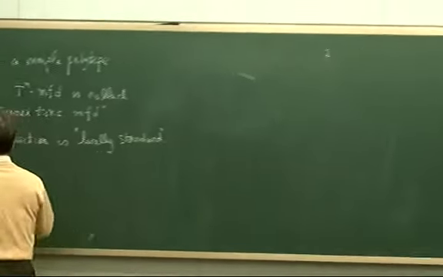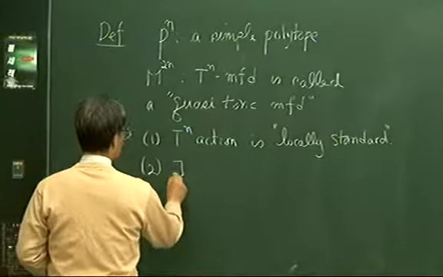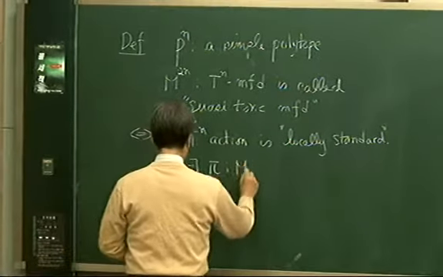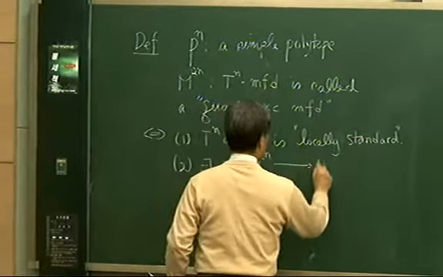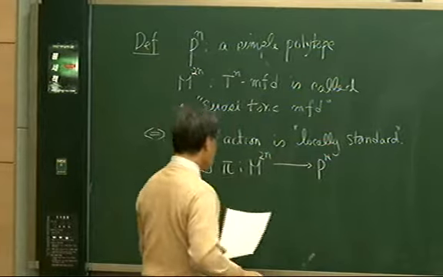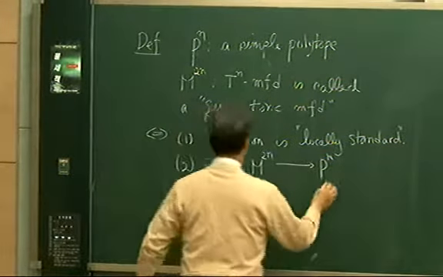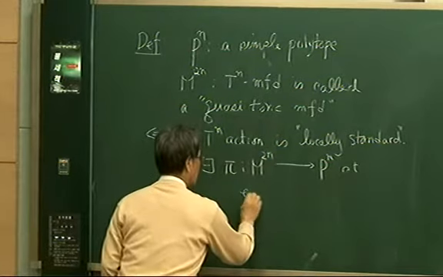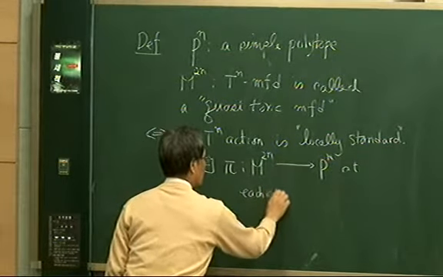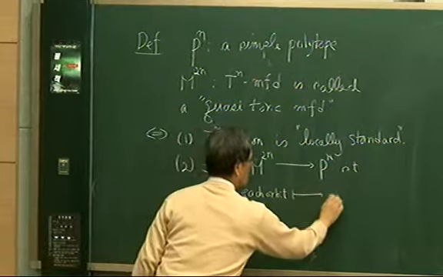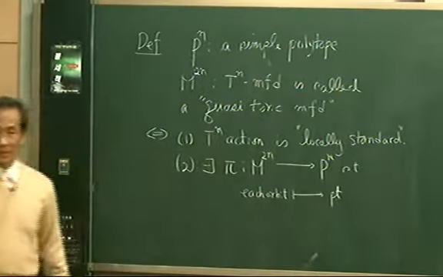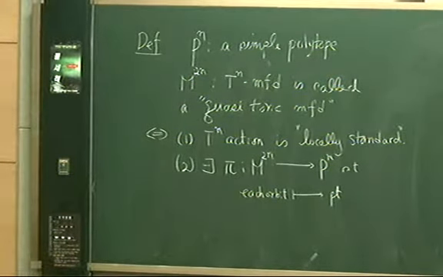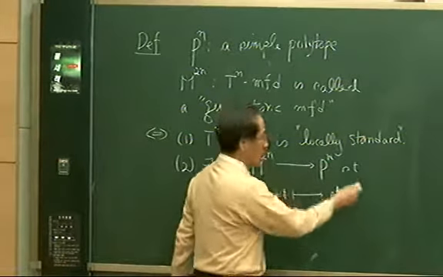And the second, there exists pi from M2n to Pn such that each orbit goes to a point. Okay, each orbit goes to a point. In other words, this is an orbit map.